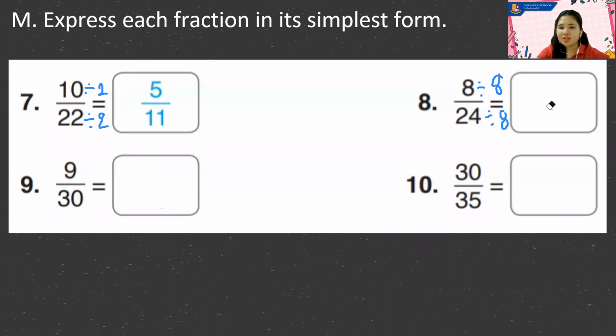Very good. Let's go now to number 9. What can you divide to 9 that you can also divide to 30? We cannot divide both by 9. So what's the next number?